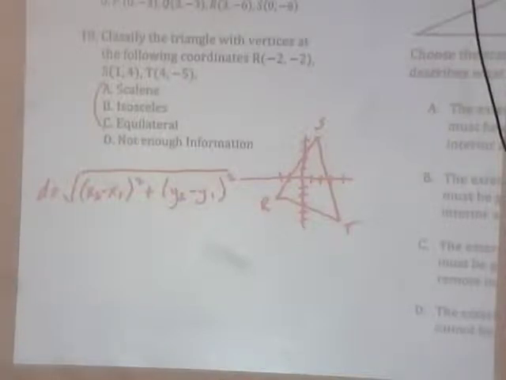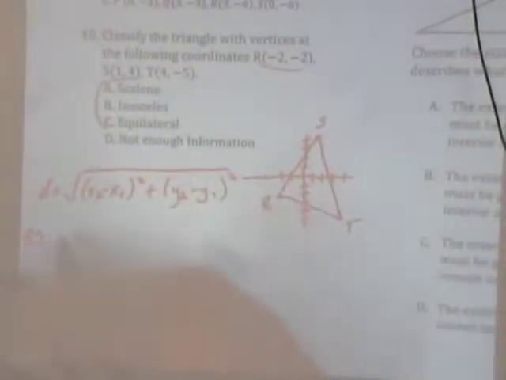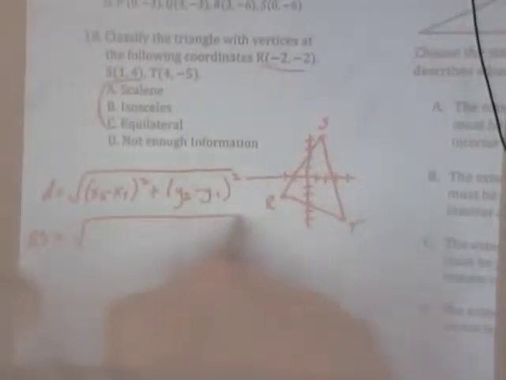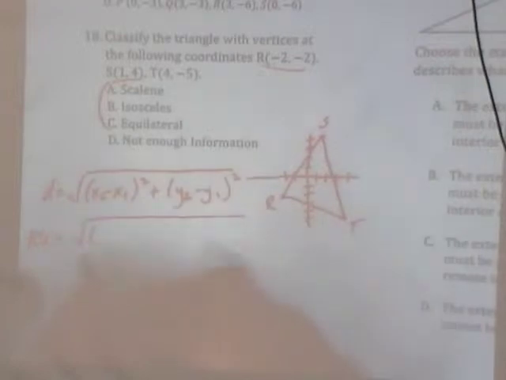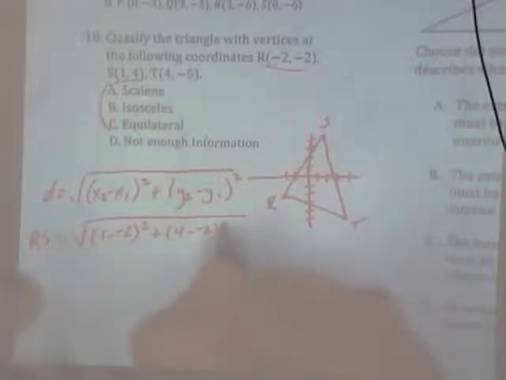Now we know how to solve it. Let's check RS first, the distance between R and S. That would be 1 minus negative 2 squared plus 4 minus negative 2 squared.